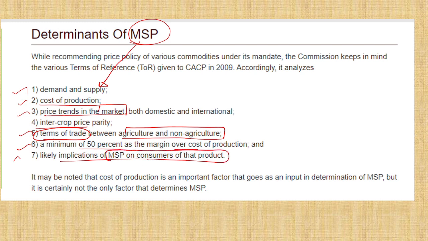They will also take into account what effect MSP is going to have on the consumer as well. This was asked in prelims. How MSP is decided, these 7 factors based on which MSP is decided. You have to know this.